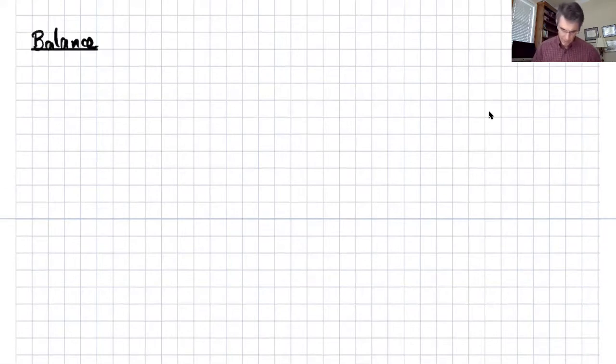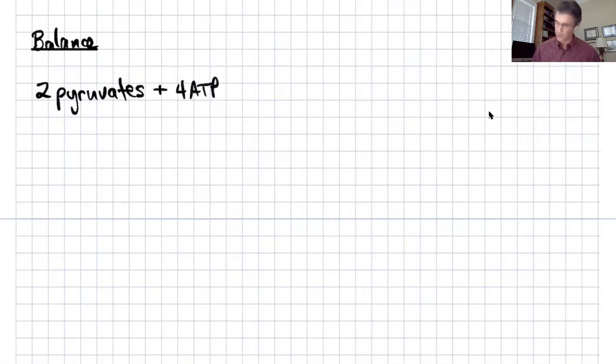Okay, so we've taken 2 pyruvates, 4 ATPs, 2 GTPs, told you this was expensive, right?